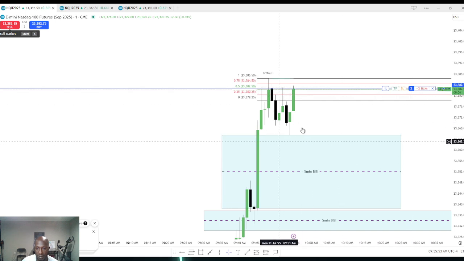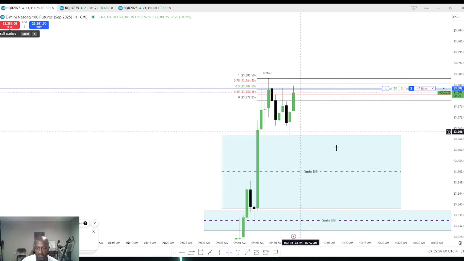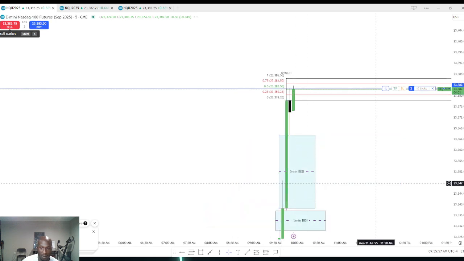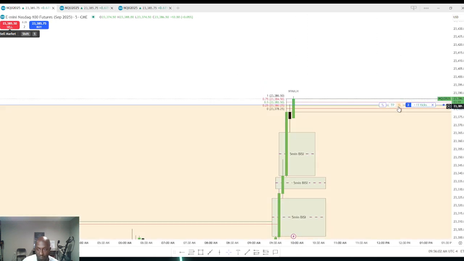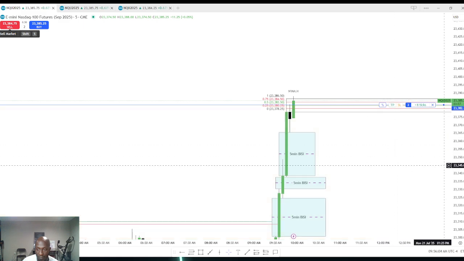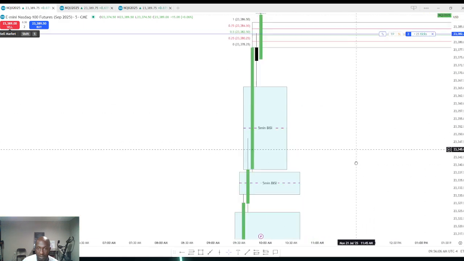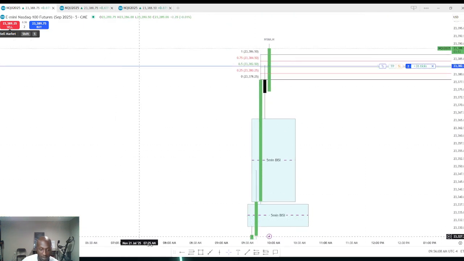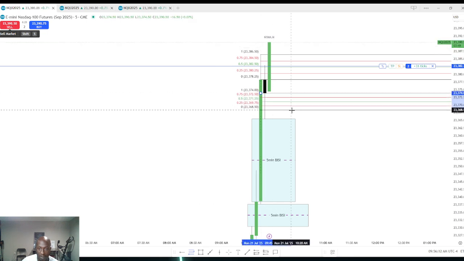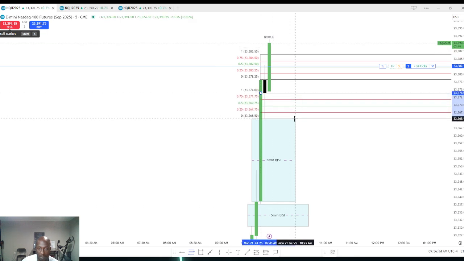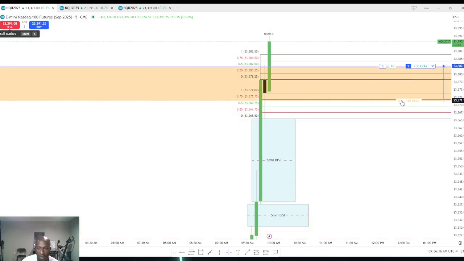And since we never even tested this 5 minute busy, stop loss, I'm going to make it consequent encroachment of this said wick. Stop loss.